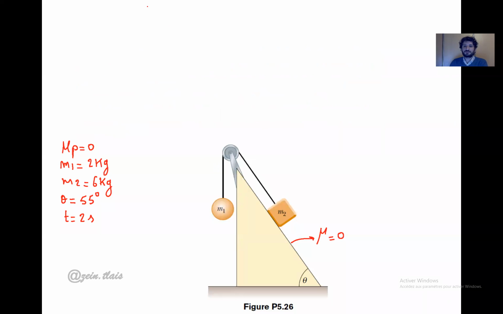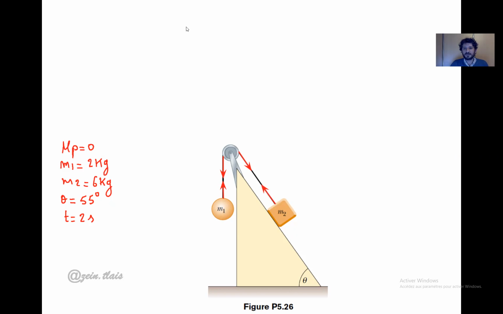First of all, you have to know that the pulley is massless. So the tension here equals the tension here, and the tension here equals the tension here.